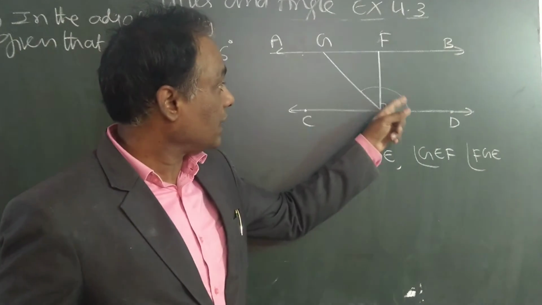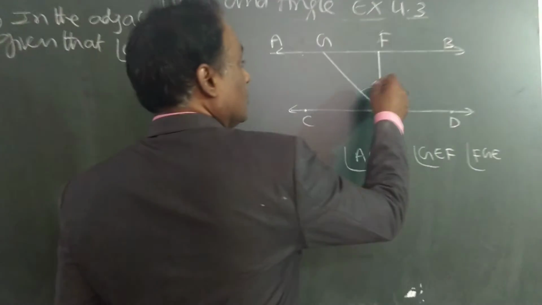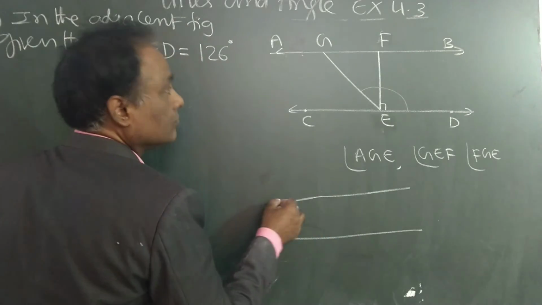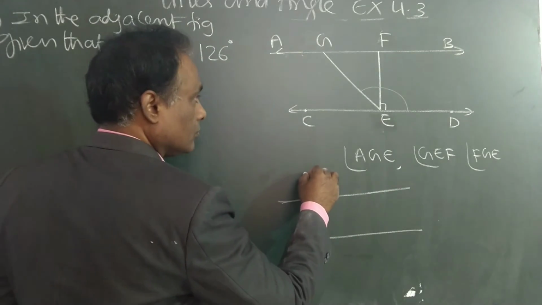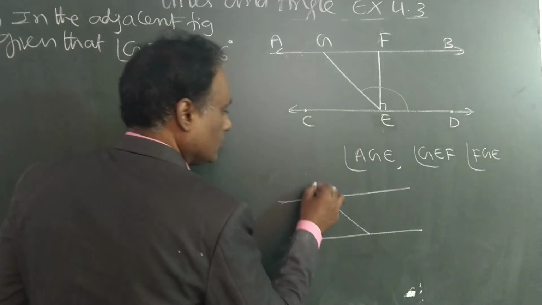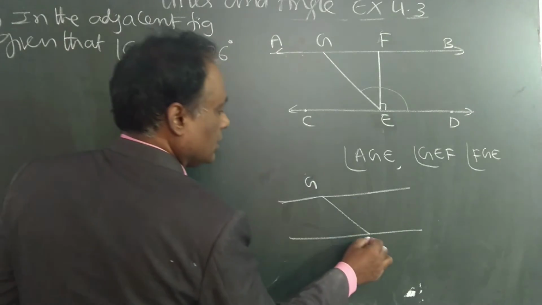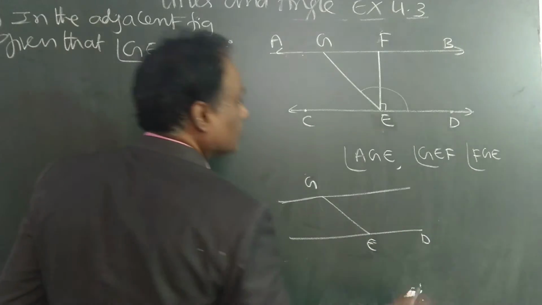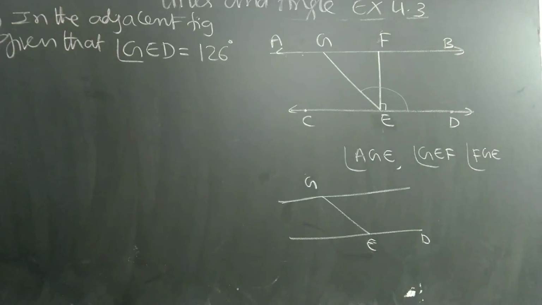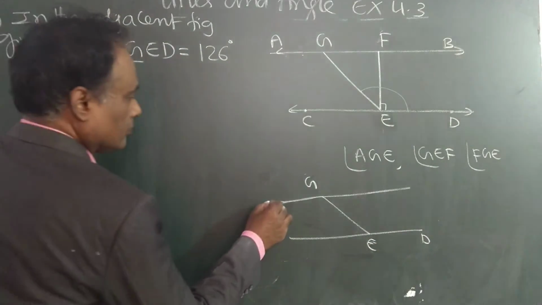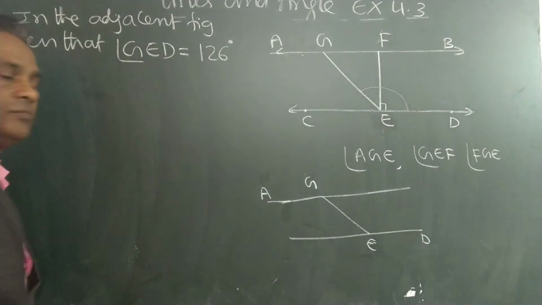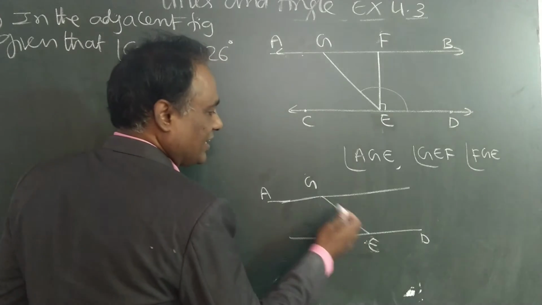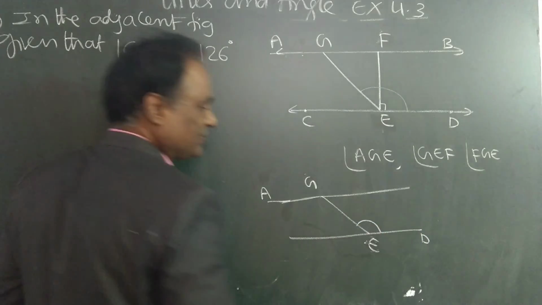GED, this total angle is GED. See students, I will draw separately. G, E, D, A. See here students, what is GED angle? GED angle means this angle.